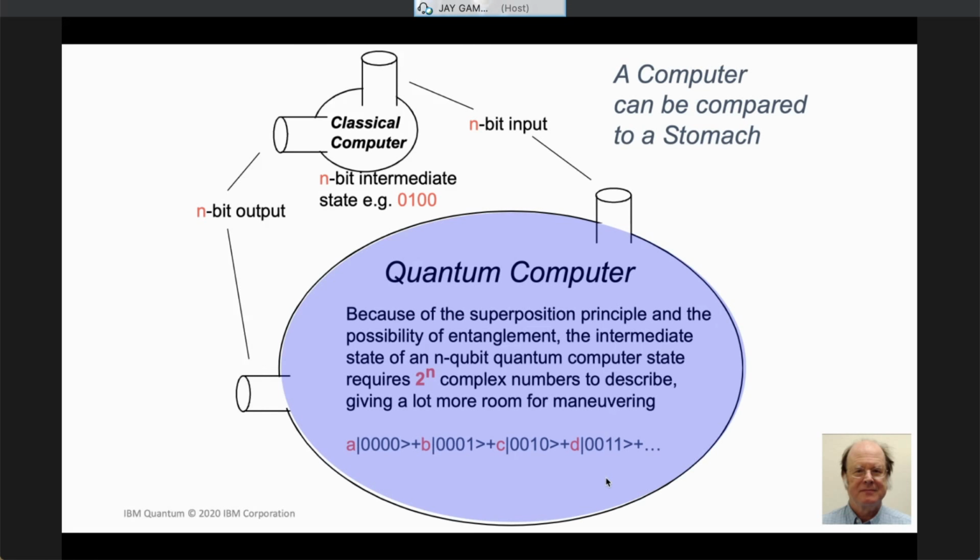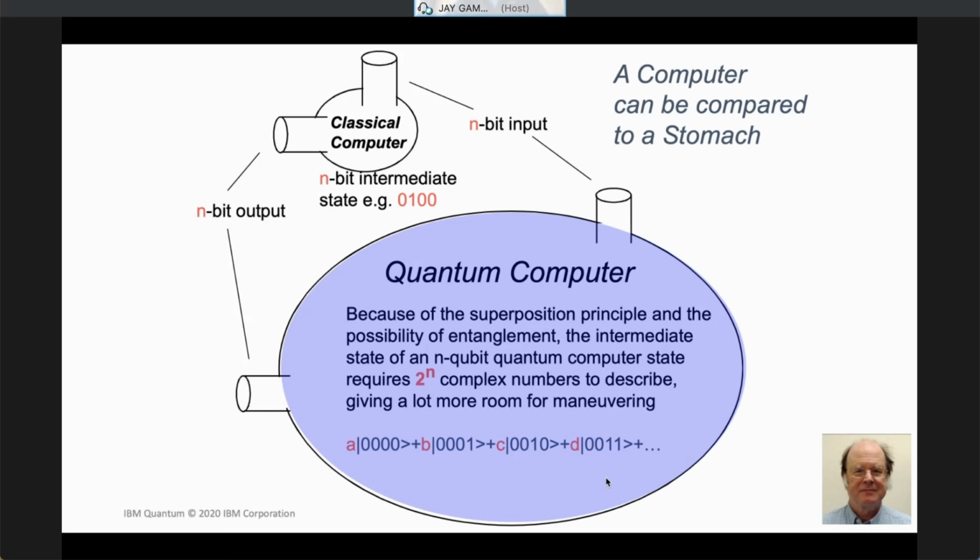The difference between these two is that the classical computer can only have an intermediate state that has n bits, whereas the quantum computer, due to superposition and entanglement, can have access to a very large intermediate state. So it has this ability to expand inside the stomach to do things that cannot be done classically.